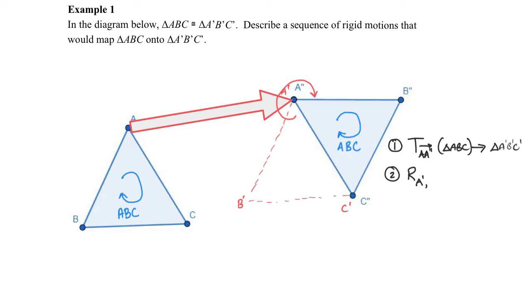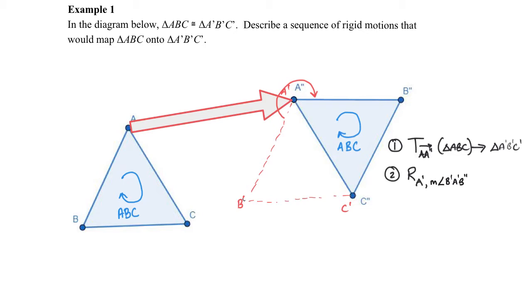And then how far did we go? Well, we went the measure of the angle from B prime all the way to B double prime, which is basically this angle right here. From here all the way around to here. There's the angle right there. We don't know how many degrees that is, but we can just say the measure of angle B prime, A prime, B double prime.